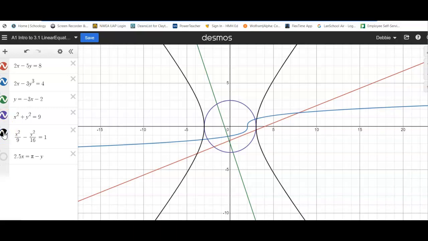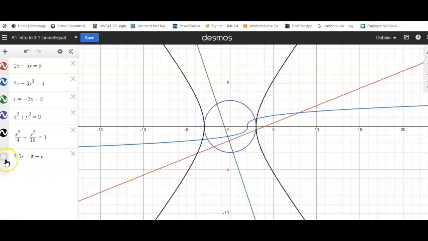Here's another one. x squared divided by 9 minus y squared divided by 16 equals 1. Look at these two curves. This graph has two parts to it instead of just one.